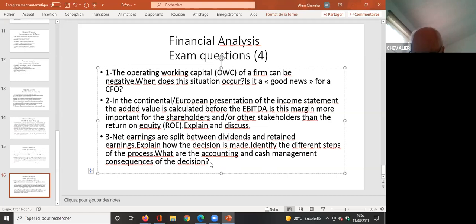The decision in the process of management of net earnings is a several-month process, something like 5 months on average. First, the study is made by the finance department, and they may have a proposal or several scenarios.